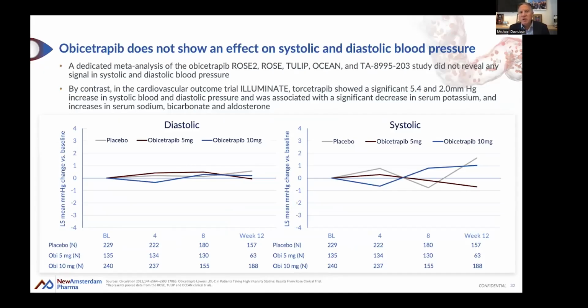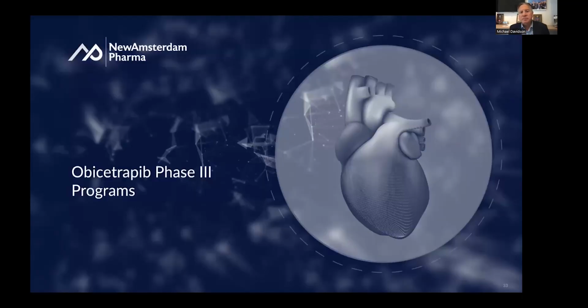Then, of course, the one you worry about the most is blood pressure, given the torcetrapib history. We're seeing no effect on blood pressure with this drug, in phase 2 as well as in our blinded follow-up data throughout phase 3.